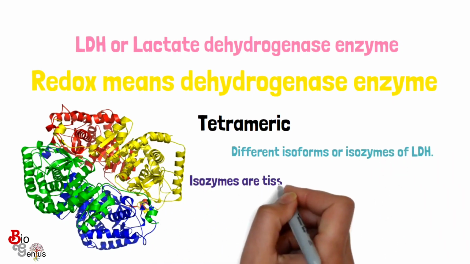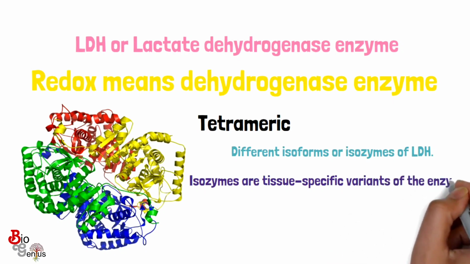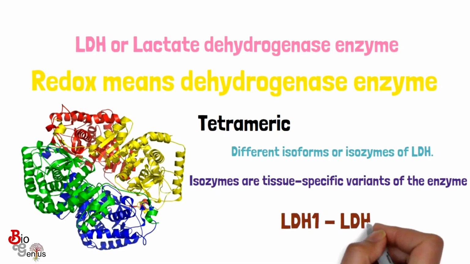These isozymes are tissue-specific variants of the enzyme, and their presence in different tissues reflects their role in various physiological processes. LDH isozymes are designated by numbers, and the most common ones are LDH1 through LDH5.